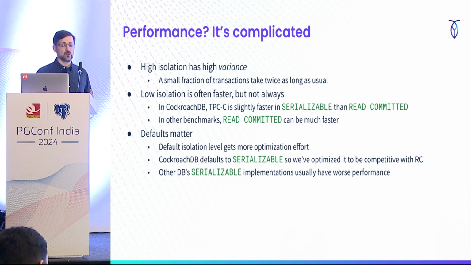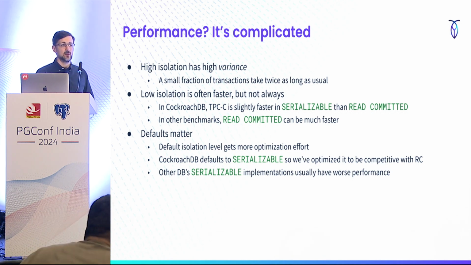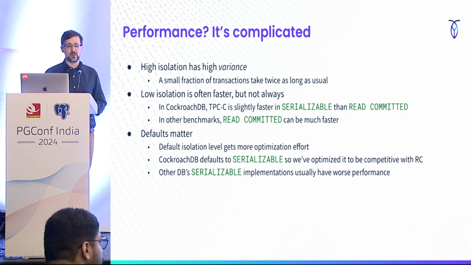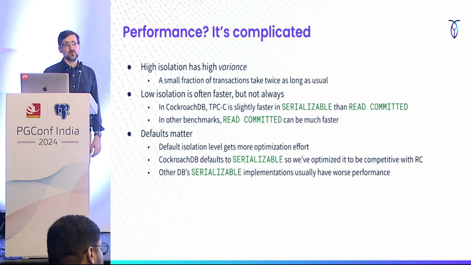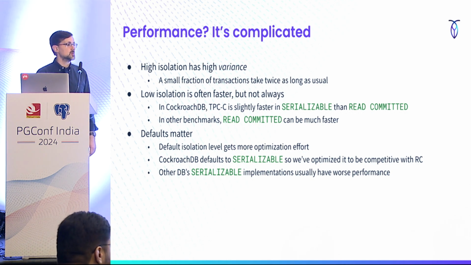The other thing to consider here is that the defaults matter, because whatever version is the default is going to be the one that gets the most concentrated optimization effort from the developers. So CockroachDB has defaulted to serializability from the beginning. We've spent a lot of time optimizing it.